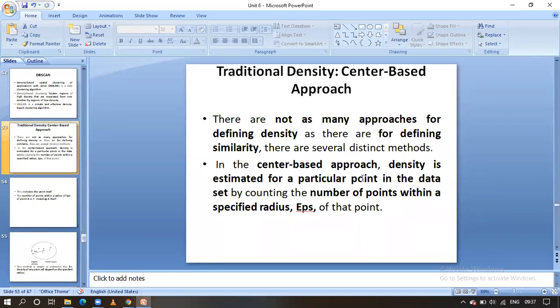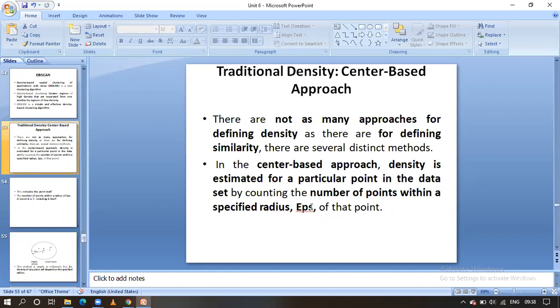Particularly, how are we going to divide this into clusters? Here we take one point. From that, we take one radius and construct a circle from that radius. That radius we call EPS. All the points within that circle, we form into a cluster, guys. This is the main approach followed in the center-based approach in DBSCAN.